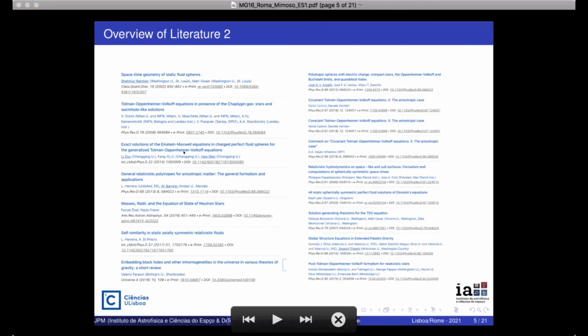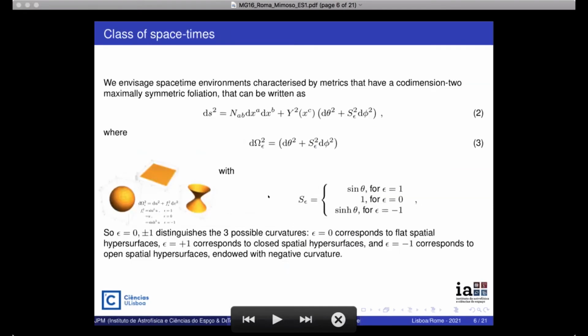dealing with different aspects of this equation, but mostly all of them looking at situations where you have either a spherical distribution of matter or bound system, or some kind of elliptic distribution, or whatever. So you find many of these works.